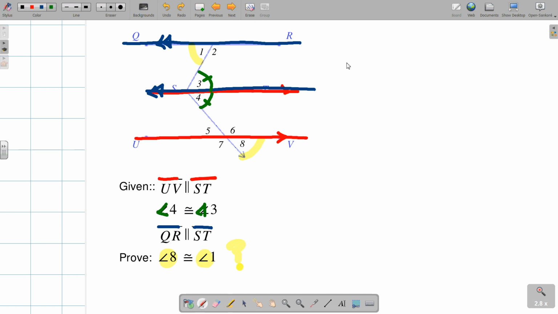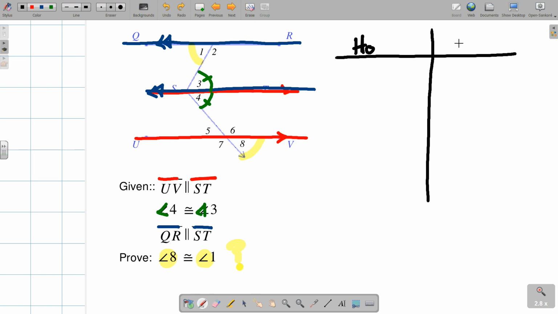Okay, let's do the simple stuff first. Several statements. I'm just going to write it like this. How on the left, why on the right. I'm going to start with my first given. The reds being equal. If you color code this, it makes it a lot easier.